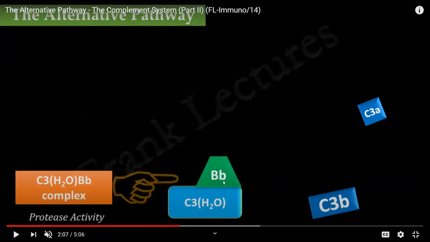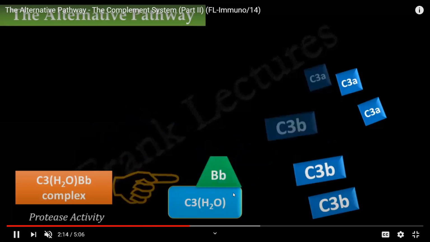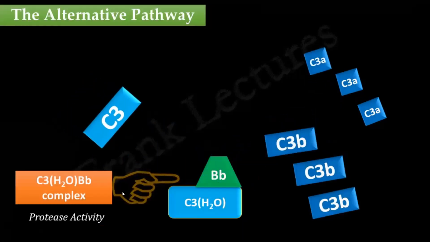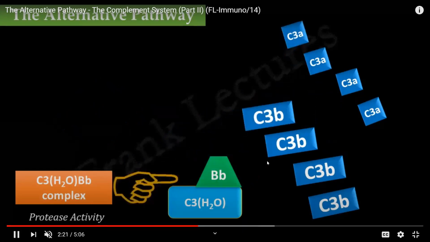It will now be cleaved into C3b and C3a. Since C3 is present in abundance in the host, more and more C3 will come and be cleaved. The C3b fragment will be larger in size and C3a will be smaller.